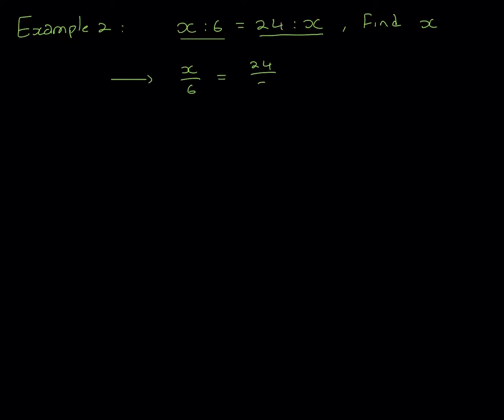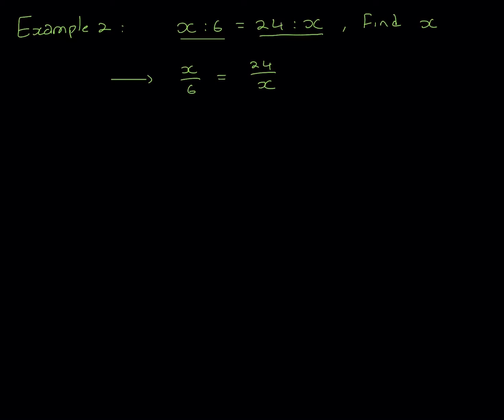All right, so now let's look at another example. Let's say you're given the ratio x is to 6 is equal to 24 is to x, and you want to find x. We know that x is to 6 can be written as the fraction x over 6. 24 is to x can be written as 24 over x.